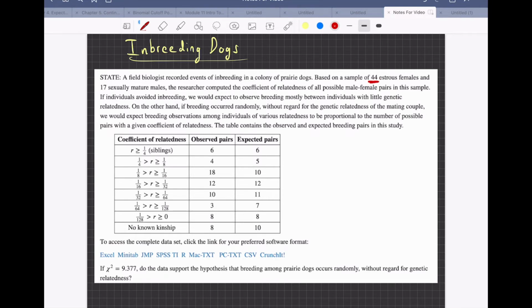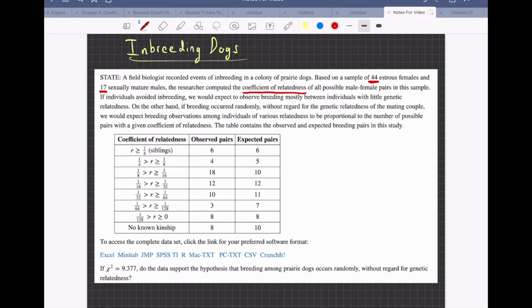I'm going to highlight important information. 44 Strauss females and 17 sexually mature males. The researcher computed the coefficient of relatedness, I don't know what it is exactly, of following possible male-female pairs in this sample.